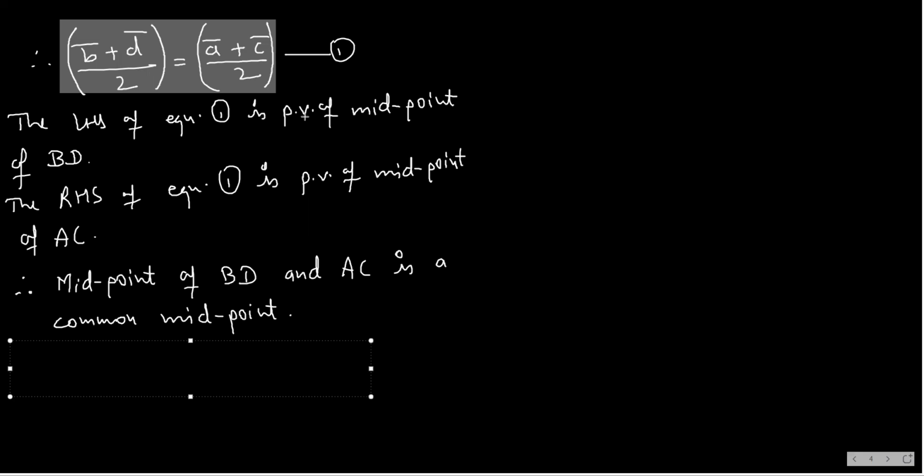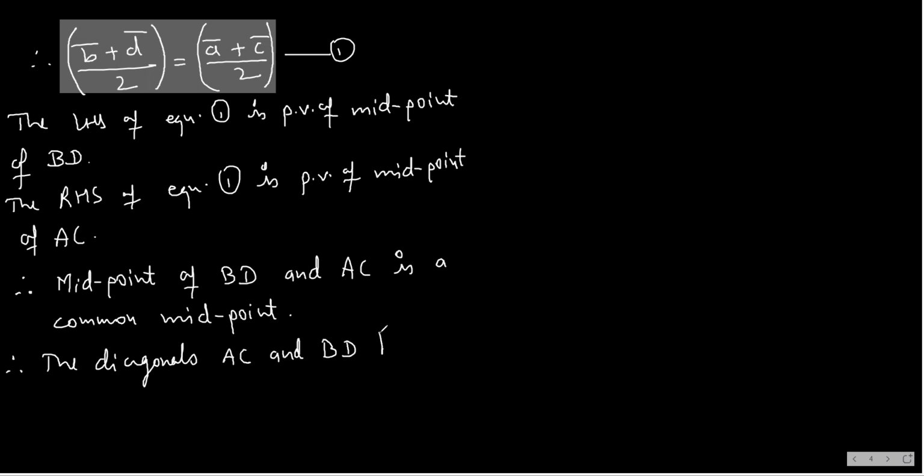Therefore, the diagonals AC and BD bisect each other. So we have proved the first part.